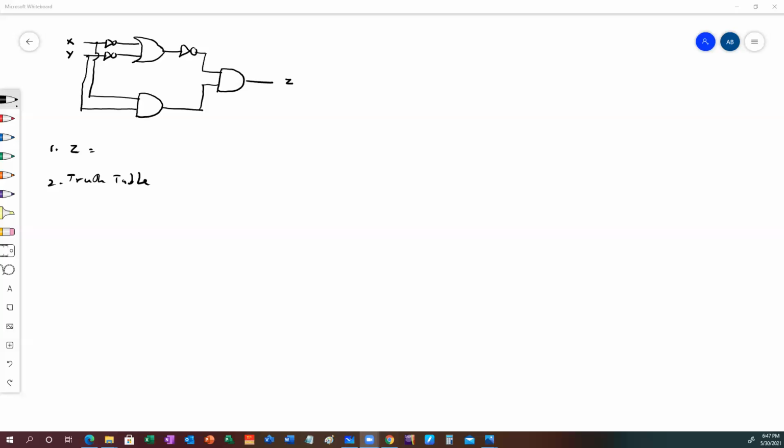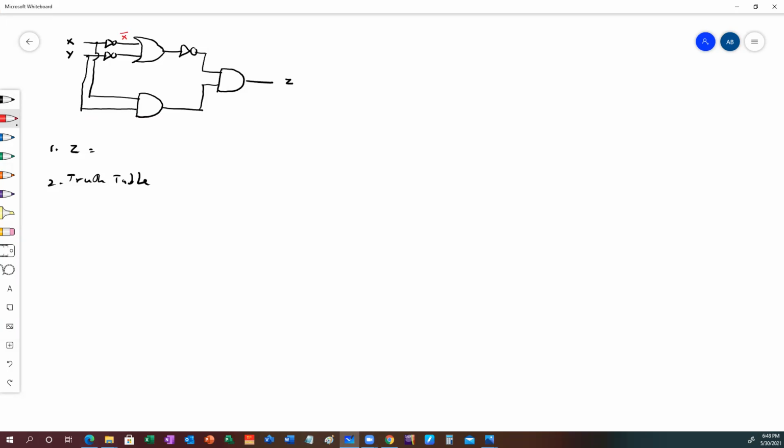X bar plus Y bar and X and Y. Right, there is a special case. Kavindu? Right, let's look at it.